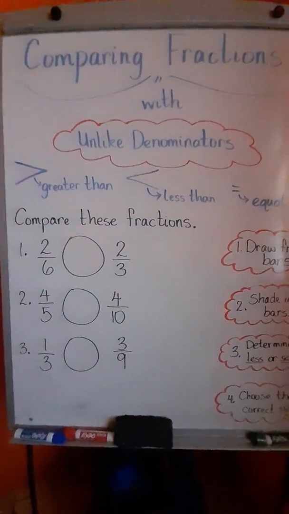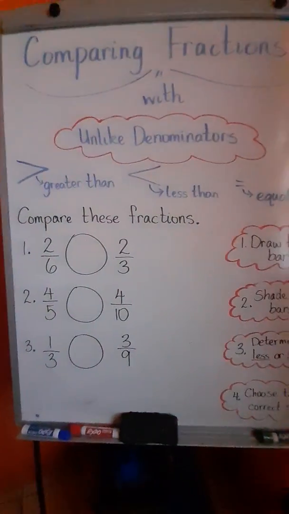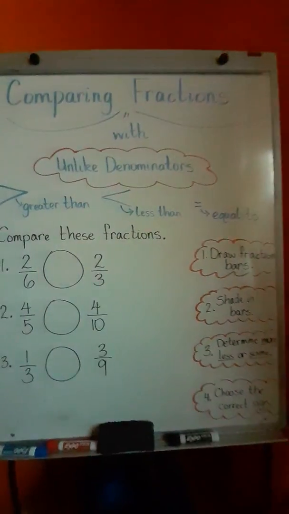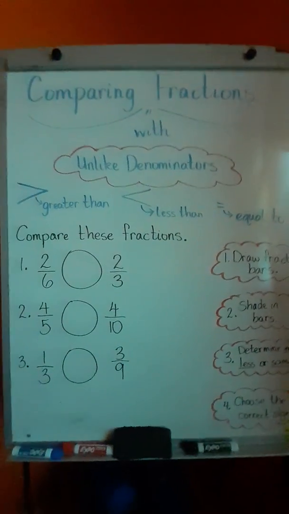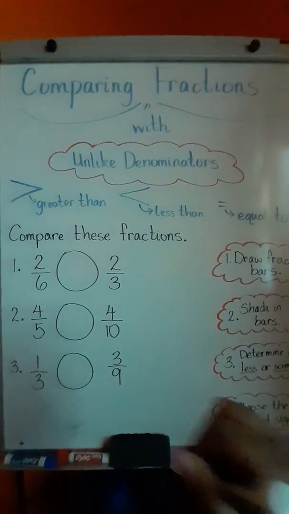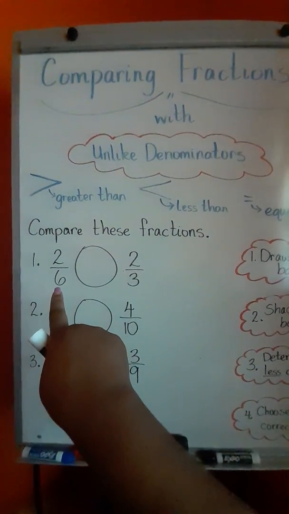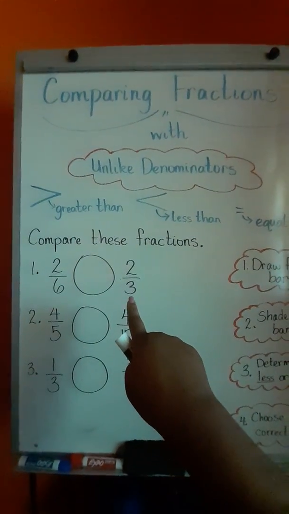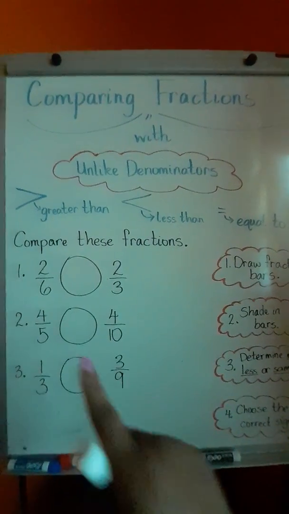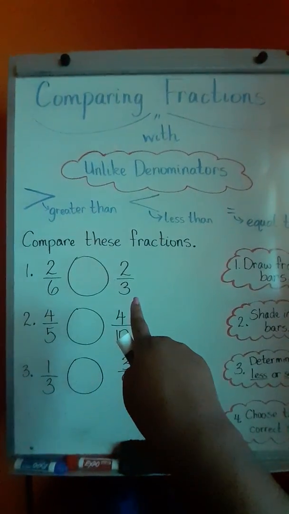Let us compare the first 2 fractions, 2 over 6 and 2 over 3. Step 1 says, draw fraction bars. We can see that the denominator here is 6 and the denominator here is 3. We are going to draw fraction bars to show 6 parts and 3 parts.